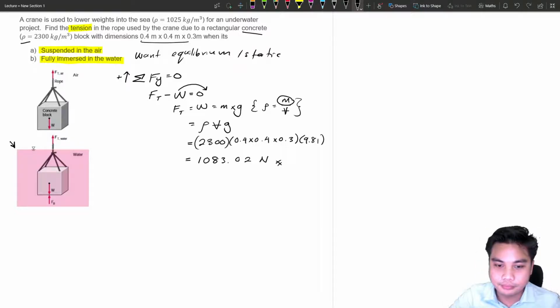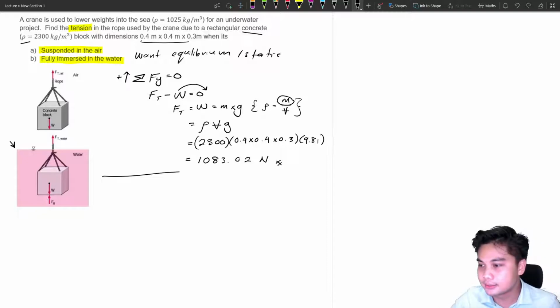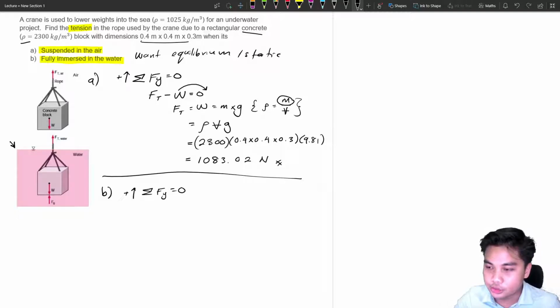This is case A, which we solved already. We go to case B. Again, we apply the summation of force in the y direction equal to 0. We assume this to be static, there is no motion.